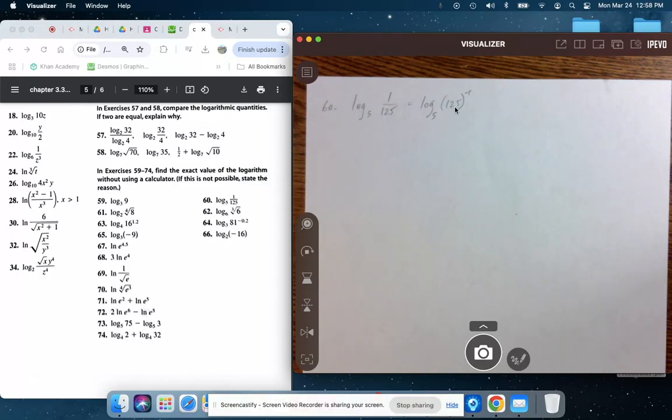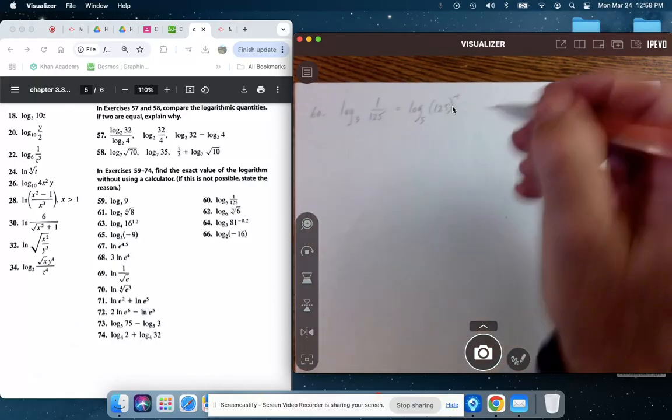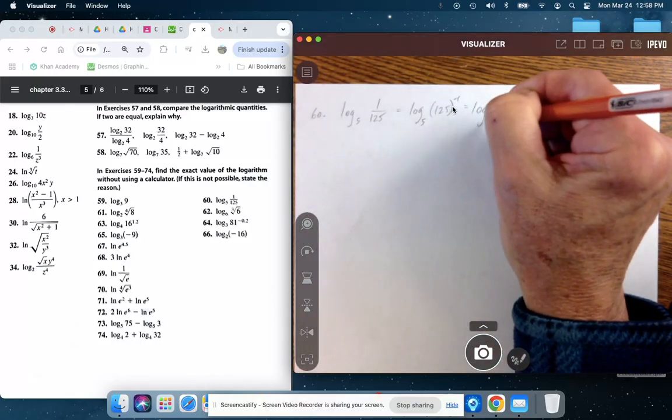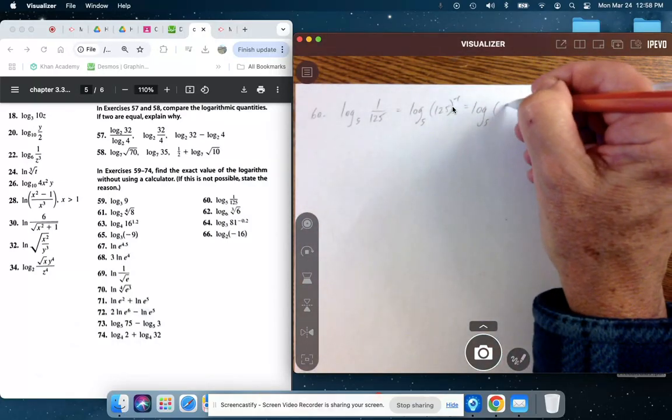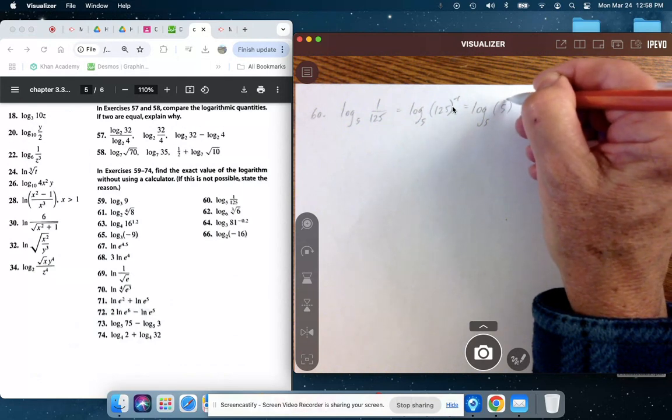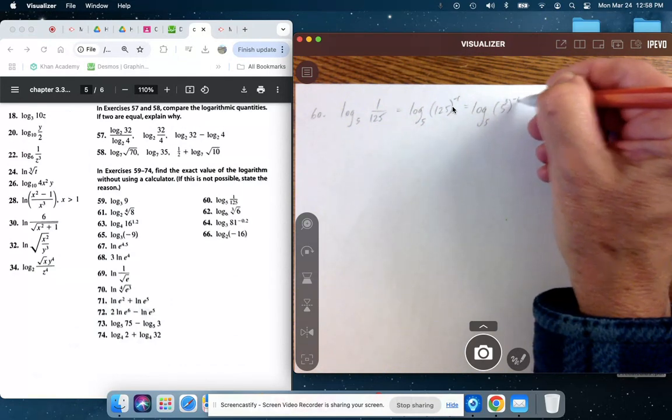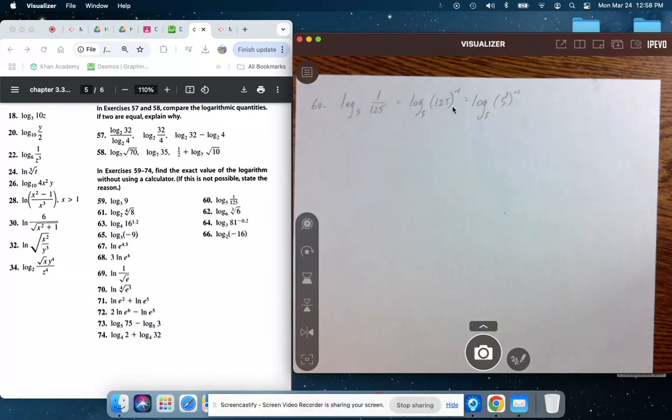Now I know that 125 is 5 cubed, so this would be log base 5 of 5 cubed raised to the -1, right?